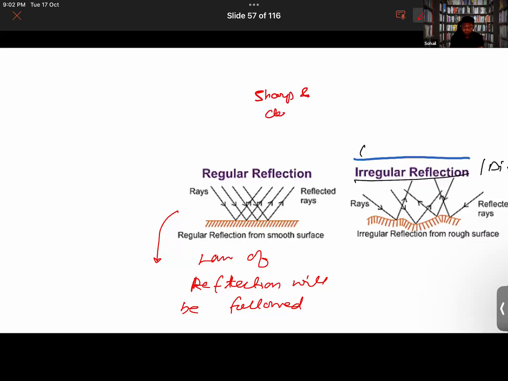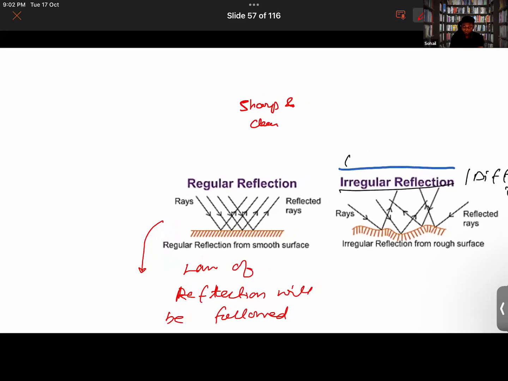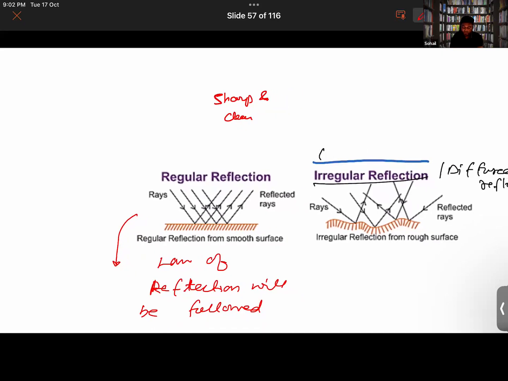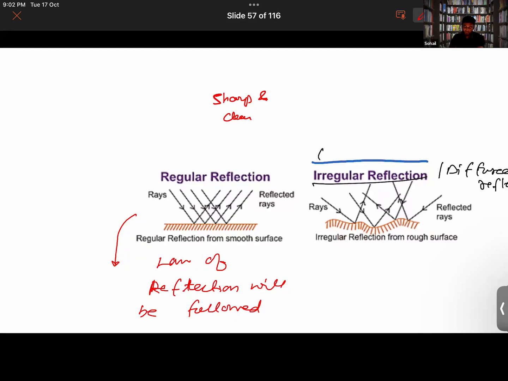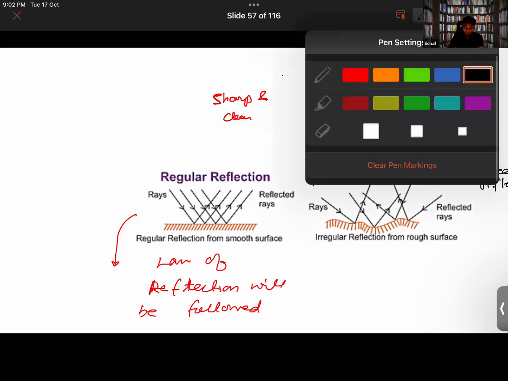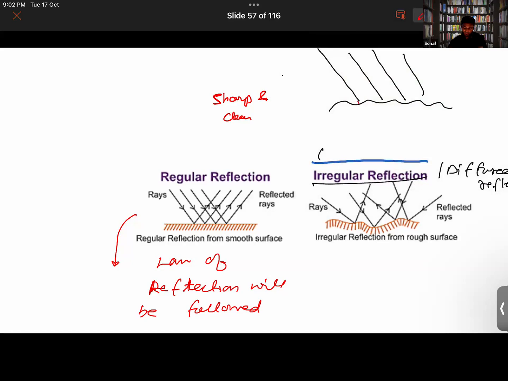And then you have the irregular reflection, where the light rays incident on an irregular surface are parallel to each other, but in which direction they will be reflected back, we don't know. So the incident rays are parallel to each other while the reflected rays are not parallel.